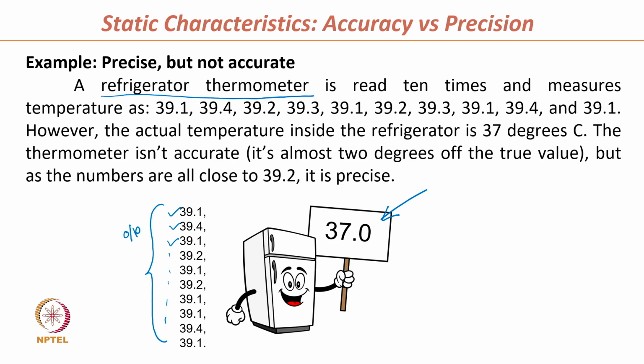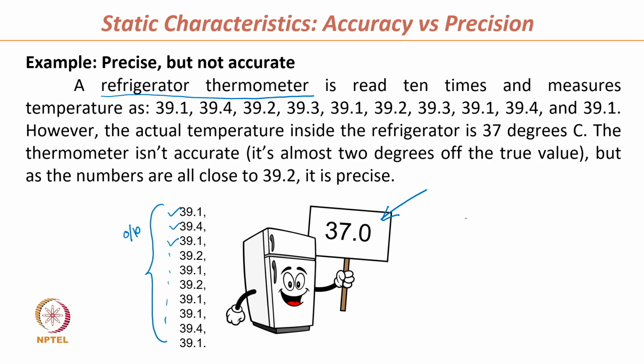It means the sensor used in the refrigerator is precise, but it is not very accurate, because the difference between the actual and the measured value is 2 degrees, which is 39.0 minus 37. So, around 2 degrees centigrade is the error produced by the measurement of the sensor. So, in this case we have a precise sensor, but not an accurate sensor.